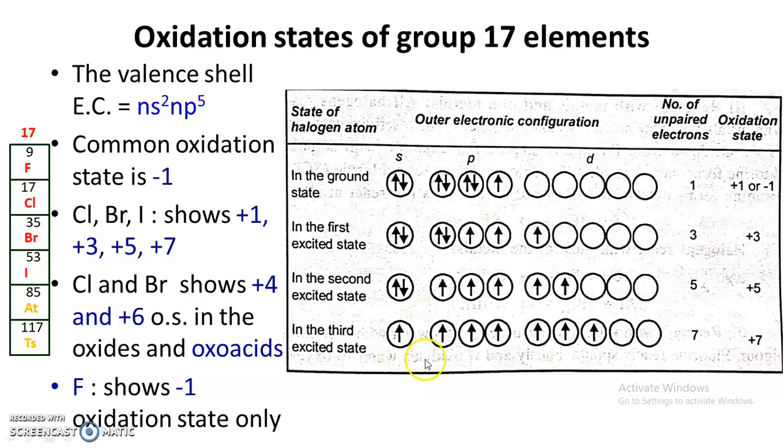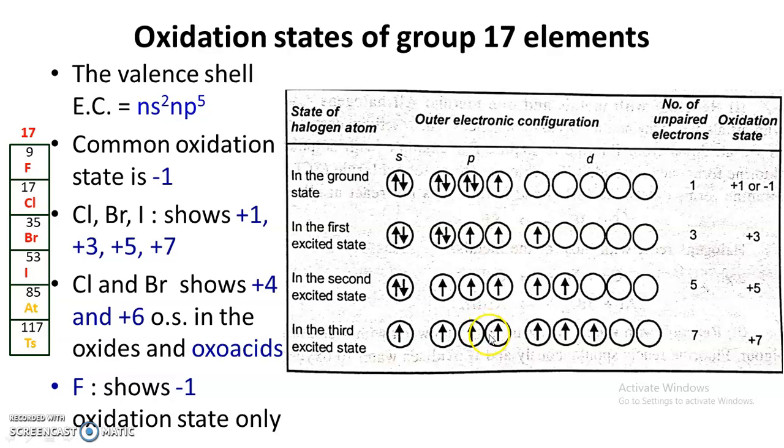And when 3 electrons are promoted from the lower energy level to the higher energy level, one after the other, altogether there are 7 unpaired electrons, and the covalency will be 7.